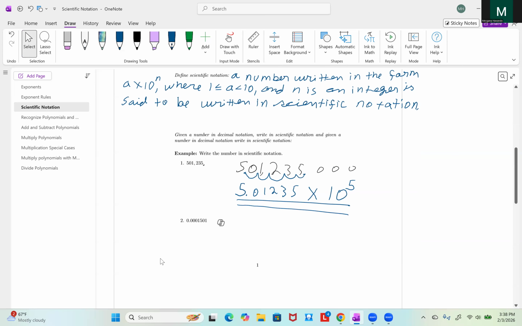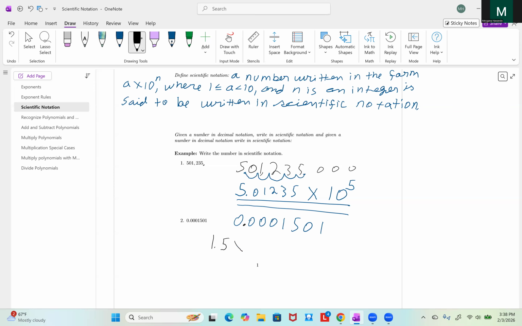Example, another one, change 0.000151 to scientific notation. Currently the decimal place is right here. We want it to be between 1 and 10, so we write 1.5.